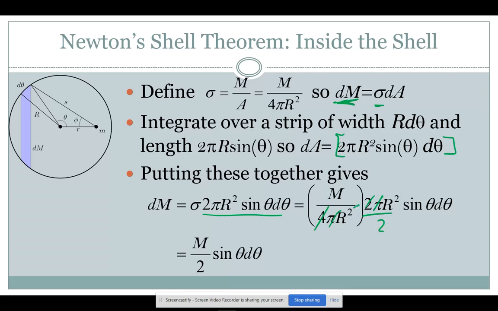Pi's cancel, r squareds cancel. And it's just m over 2 sine theta d theta. So it got easy. Started looking complicated. Got easy so far. So what have I done? I found dm is m over 2, where this m here is the mass of my shell, sine theta d theta.